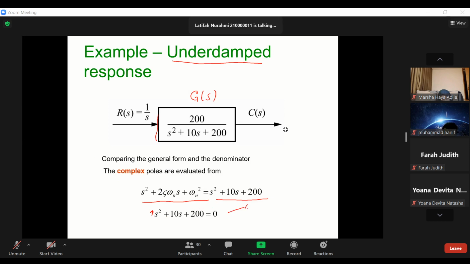We know that omega n is equal to square root of 200. And zeta is 10 divided by 2 times 20 square root of 2.